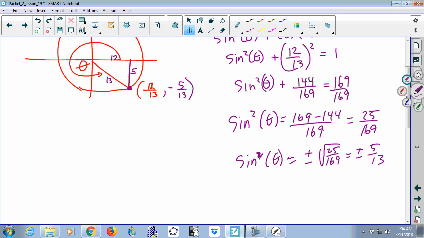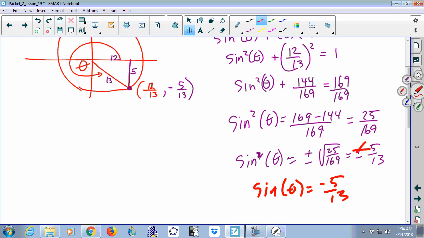But you say to yourself, wait a minute, what quadrant am I in? I'm in the fourth quadrant. Sine is my y value. I'm negative. So it is not that one. Sine of theta is negative 5/13.